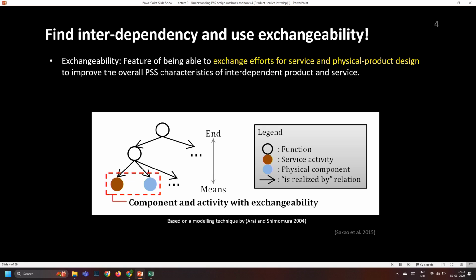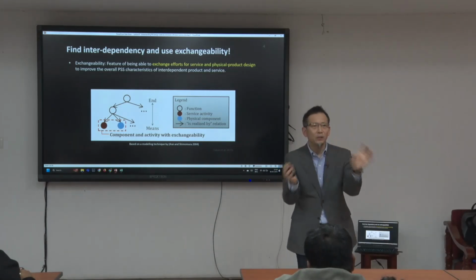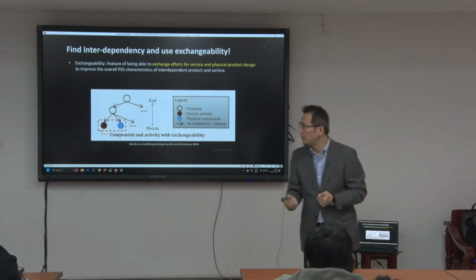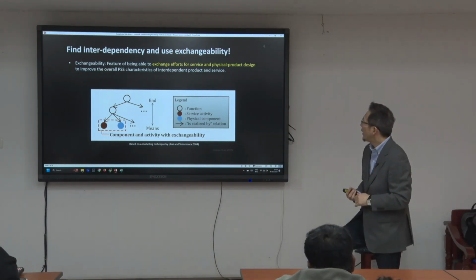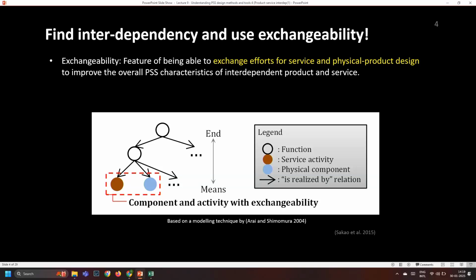And so now the question is, we need to find such an interdependency between a product and a service in the system that you are looking at. And once you find such an interdependency, then I'm recommending you to use the exchangeability. This is the term that we developed, we coined.